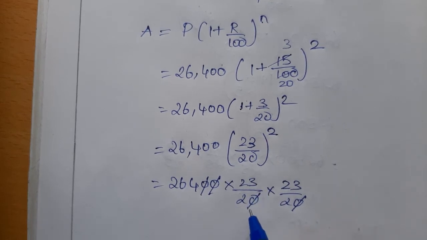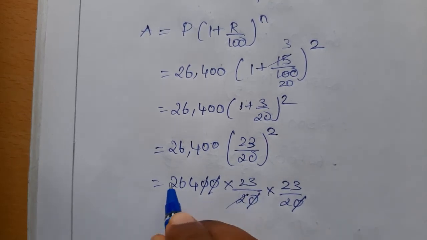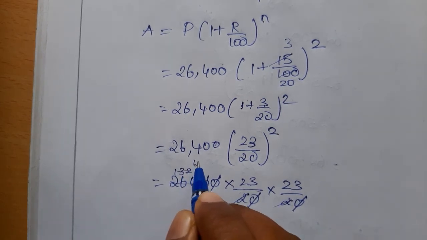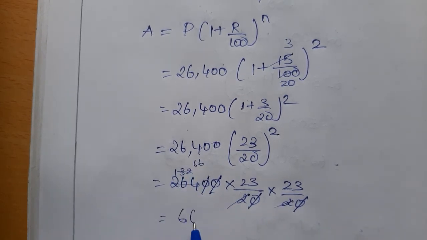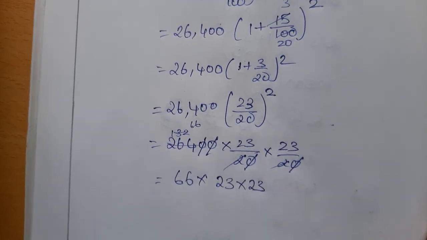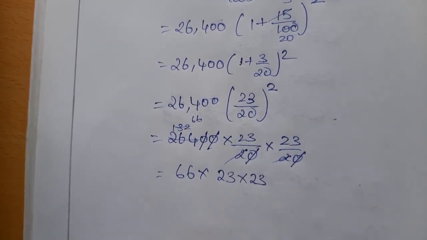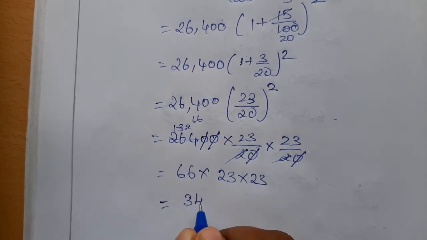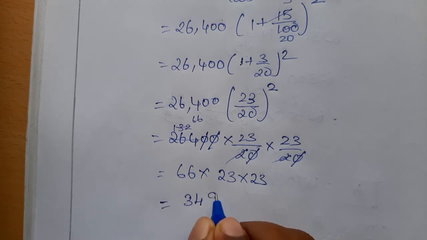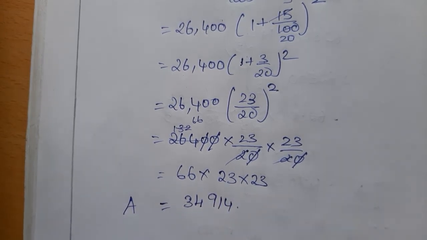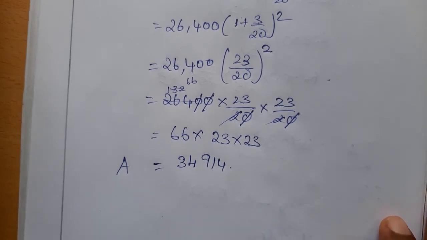And in the 4, 2 table it will come for 132 and this for 66. So 66 into 23 into 23. So we have to multiply this 66 into 23 into 23. We will obtain it as 34,914. So amount at the second year we will be getting as 34,914.